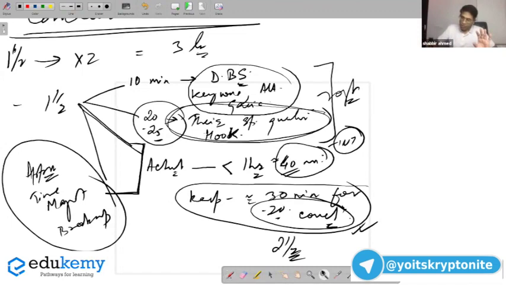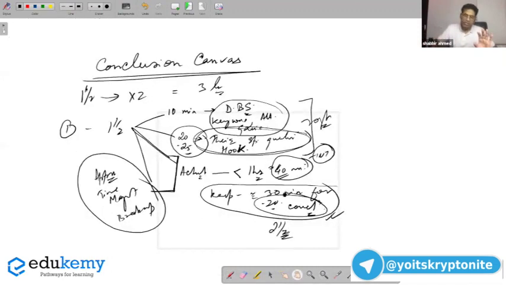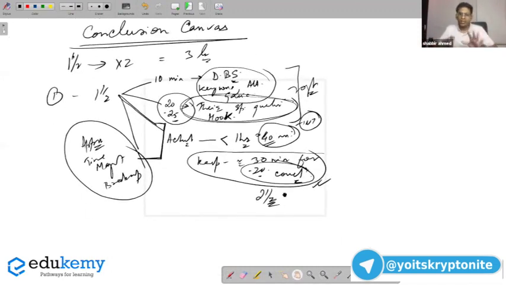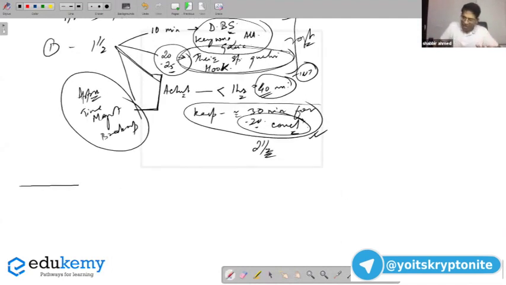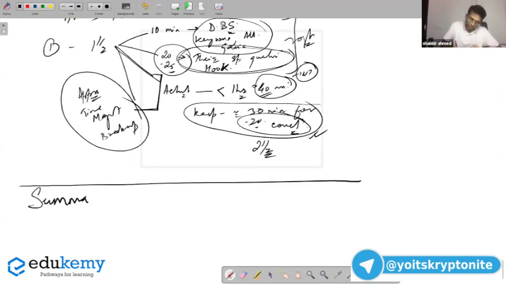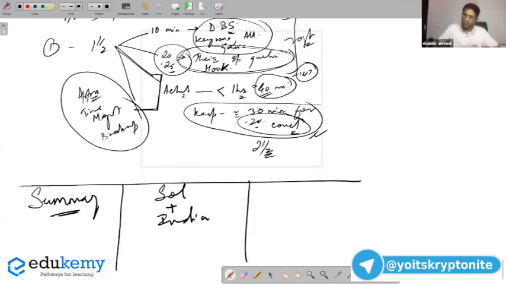So this is more or less the conclusion format. The conclusion canvas, I repeat: a little bit of summary, talk about solution plus Indian dimension, and link it towards something futuristic.